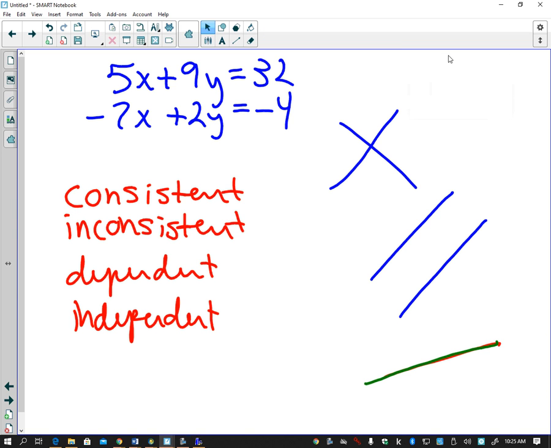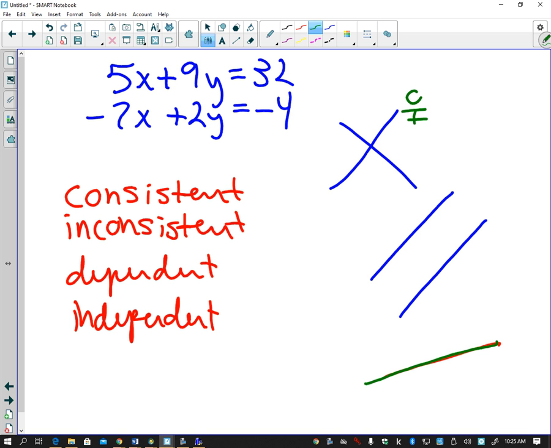All right, you have a chart on page 101, but it's lesson 15 if you have your lesson 15 notes, right? All right, so two lines that cross are consistent and independent. Okay, if they cross, consistent, independent.